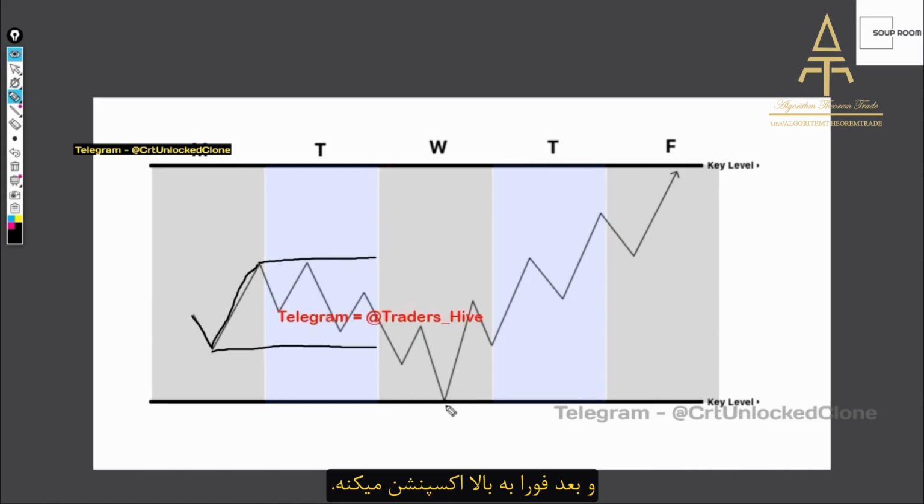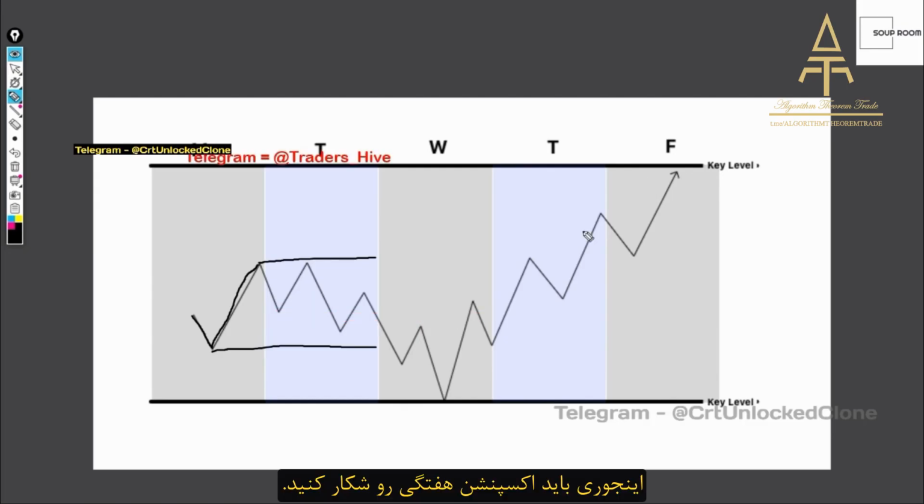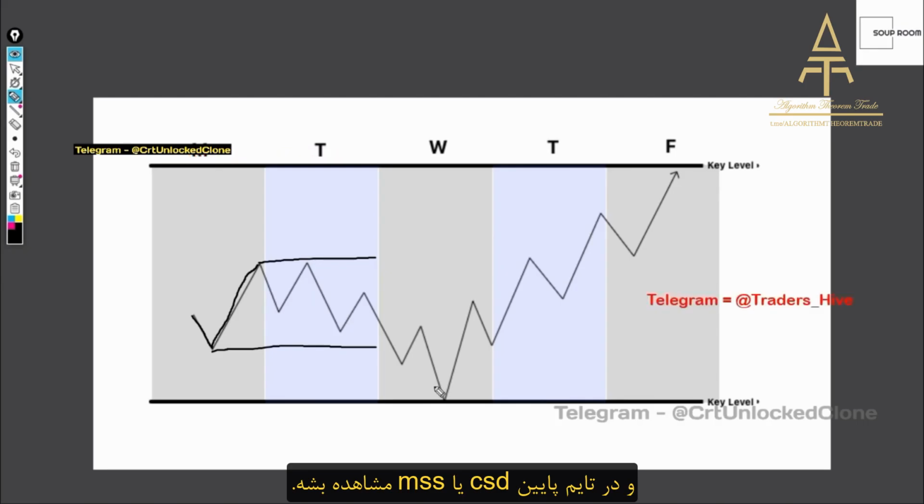Then we see an immediate expansion upwards. This is exactly how to catch the weekly expansion. You must wait for a key level to be hit and then a lower time frame confirmation in the form of a change in state of delivery or a market structure shift.